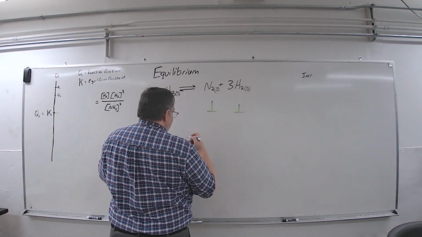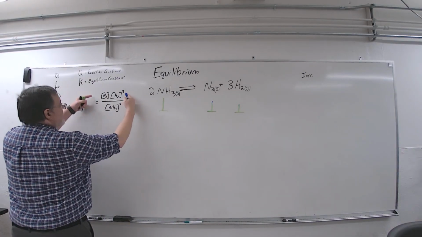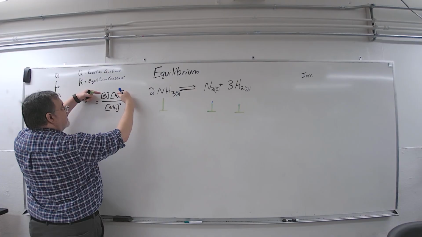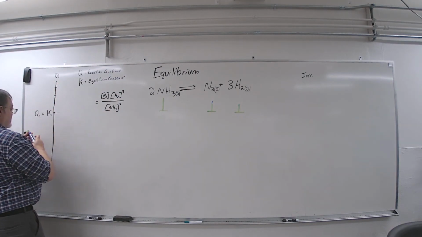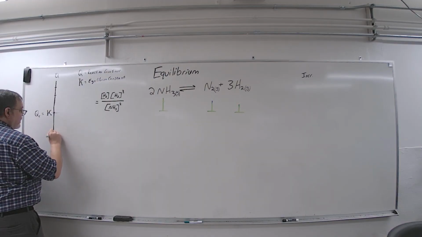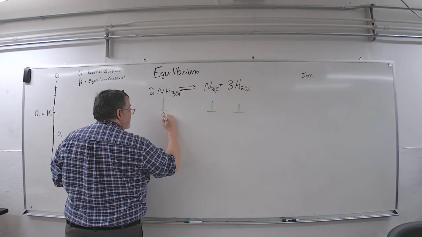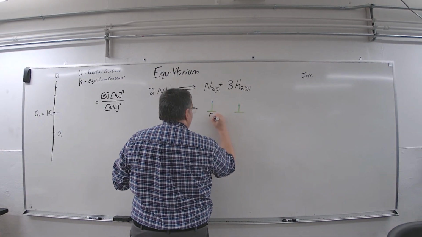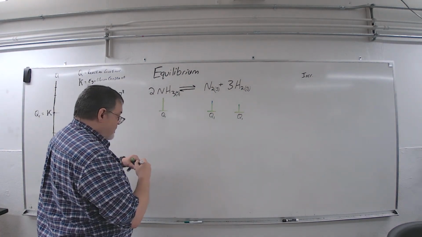So if I remove that, and that's where we are, right at the instant, what I've done is make the top smaller. So if this gets smaller, that's going to kick us down here. I'll call that Q1, right at the instant that I've removed some.